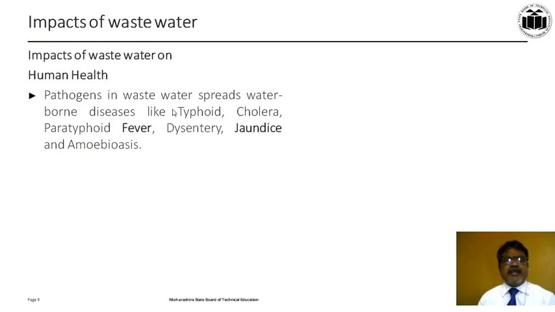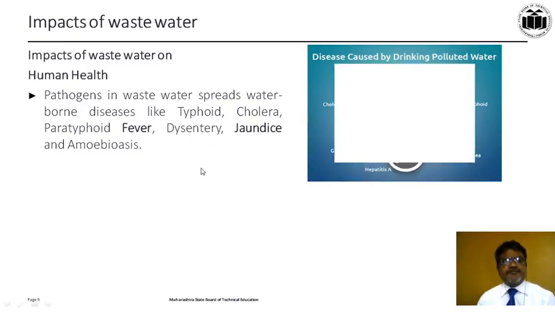Waterborne diseases like typhoid, cholera, paratyphoid fever, dysentery, jaundice, and amoebiasis. So these are various waterborne diseases from the wastewater. So when wastewater is contaminated with drinking water, then such types of diseases are caused.